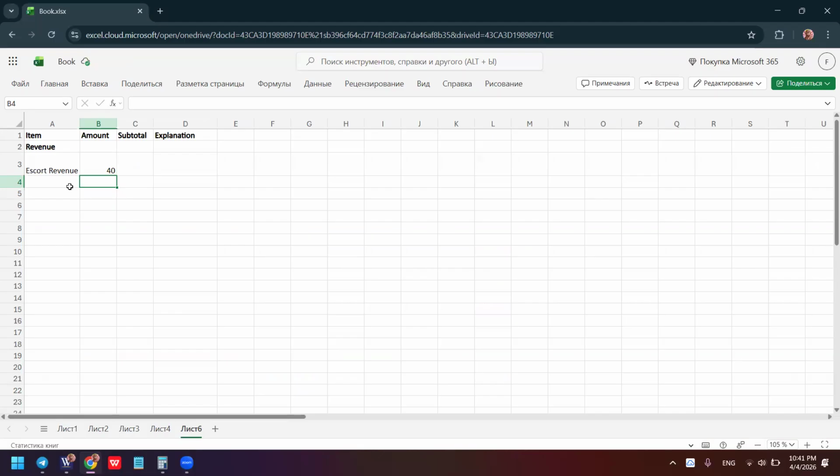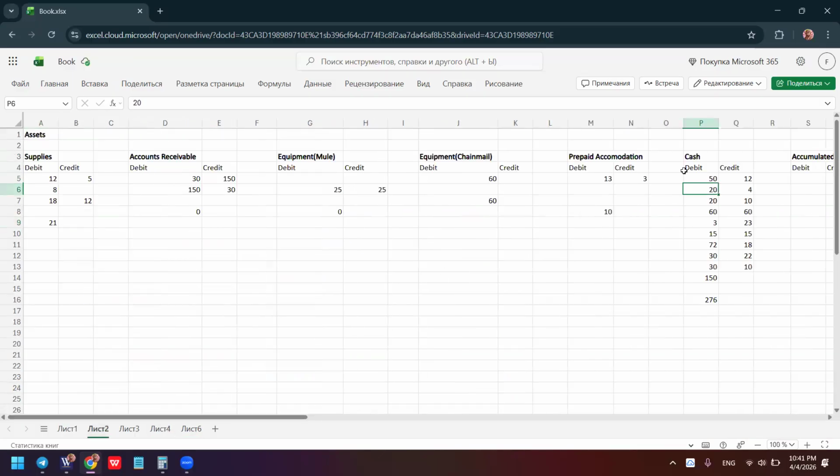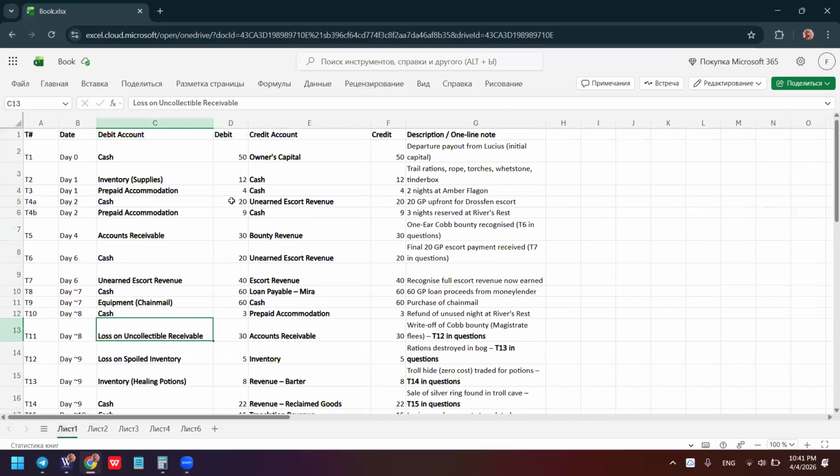So then we continue, and the next thing is in this sheet. It's here, the accounts receivable. So it's the bounty. Firstly, she gets 30 and then 150 for bounty collection. I will show it here, accounts receivable, 30 bounty.